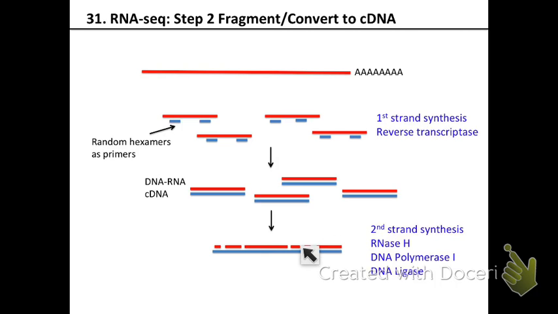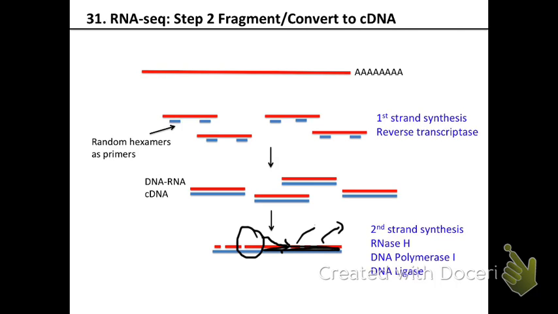DNA polymerase 1 uses the ends of these RNA pieces as primers to extend, and it removes the little RNA pieces and then starts synthesizing the complementary DNA.